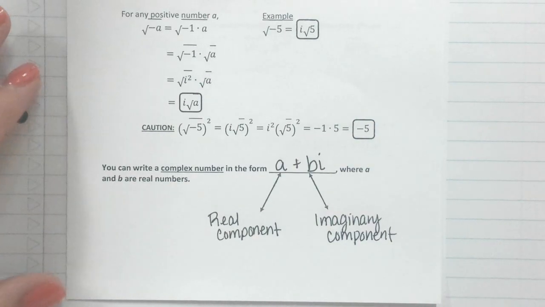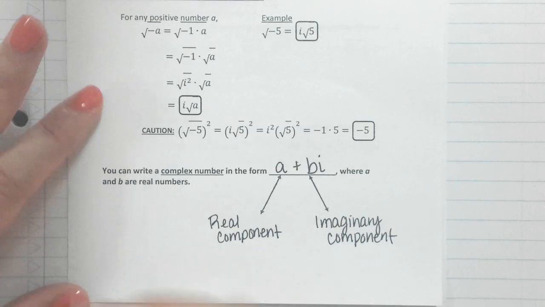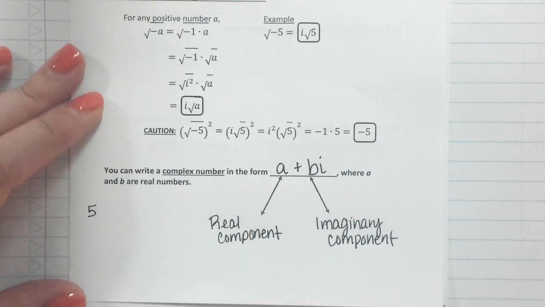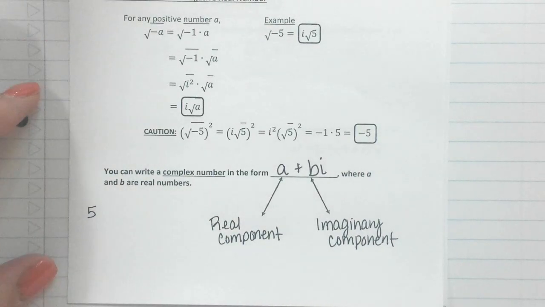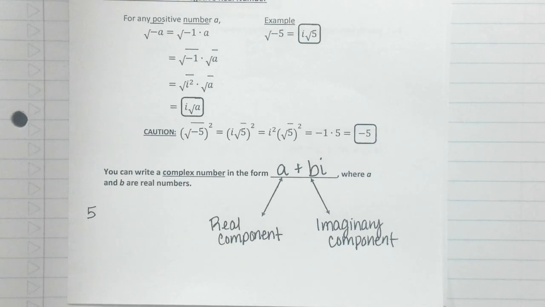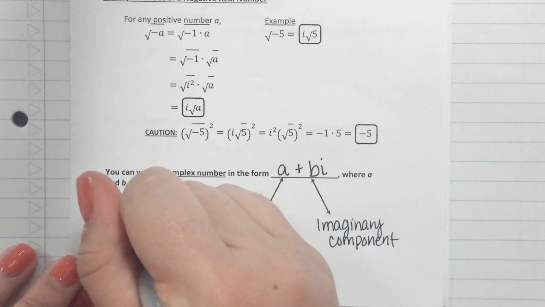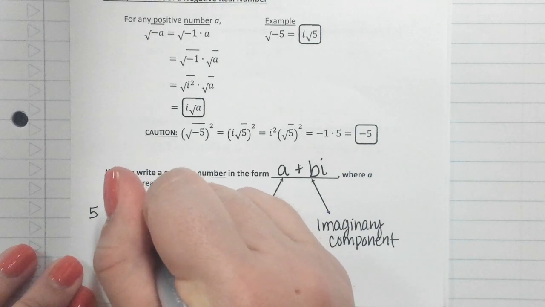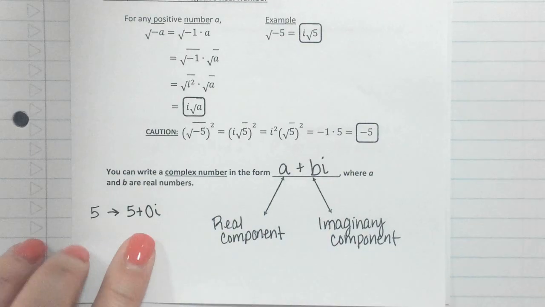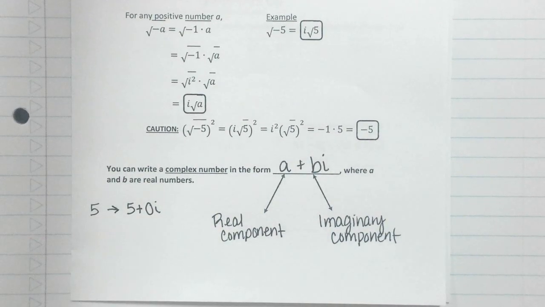So for instance, if we take the number 5, good old 5, okay? 5's a real number, right? And in the real number system, I would just accept that as 5. In its full form, though, the number 5 can be expressed as 5 plus 0i, because the number 5 has no imaginary component.